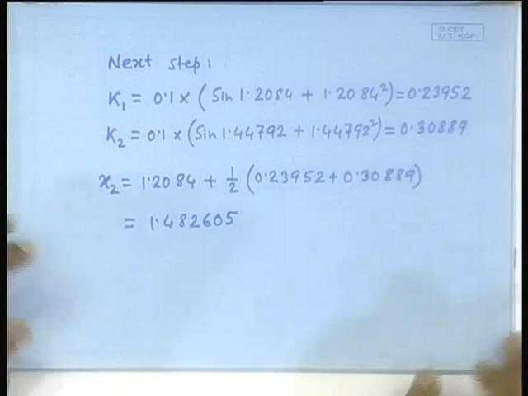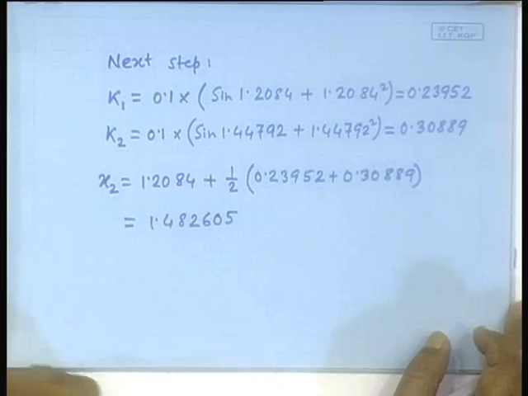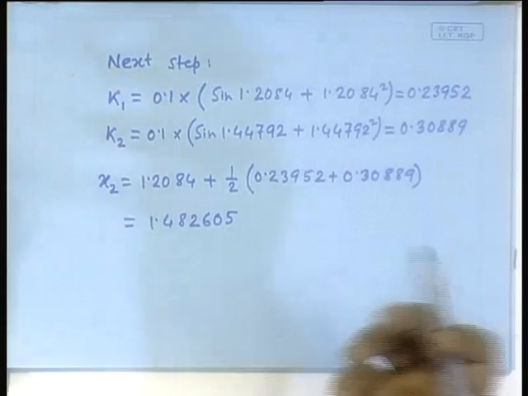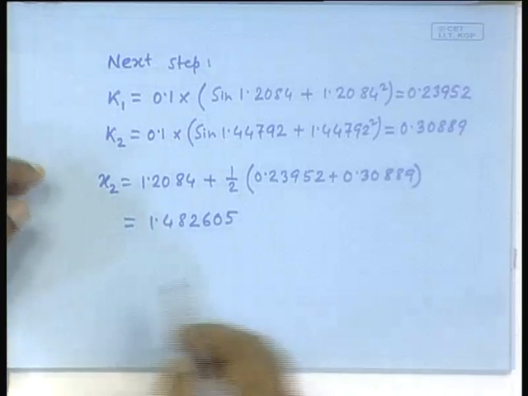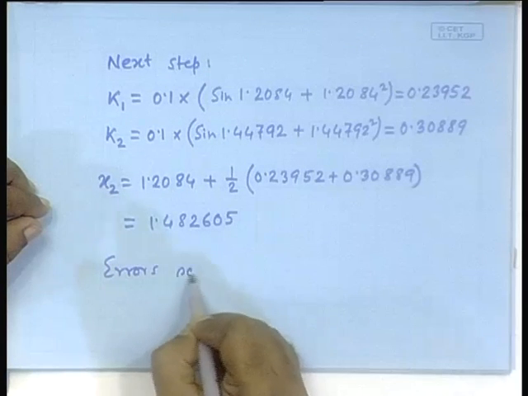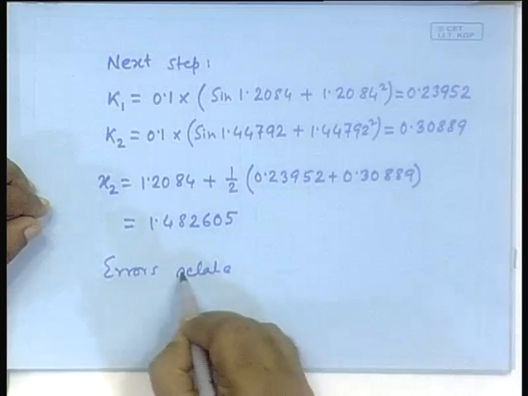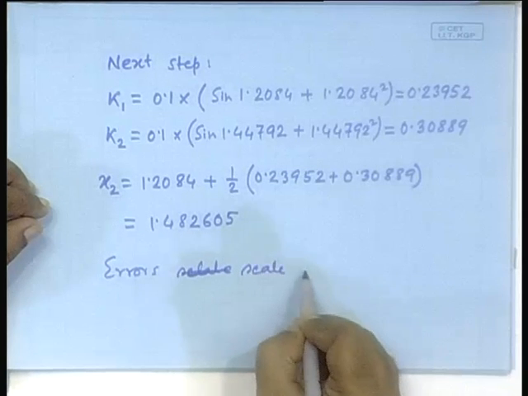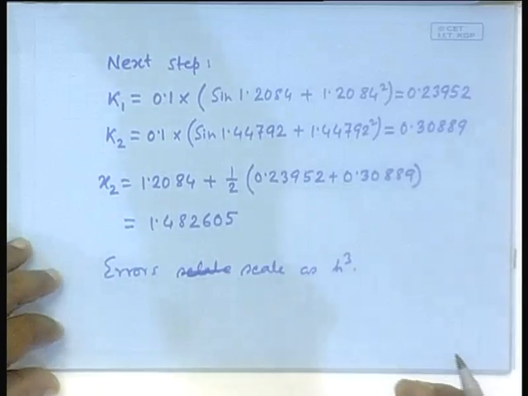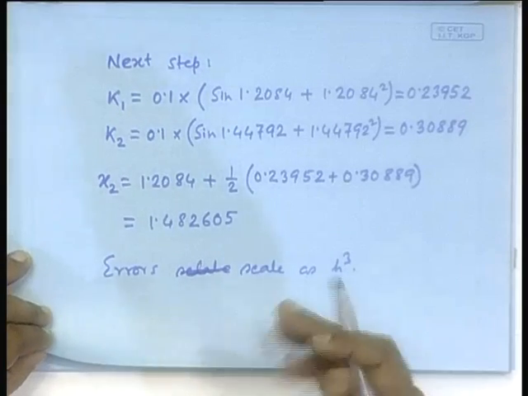Now, it so happens that in this method you still have errors, but the error scales as h cube.